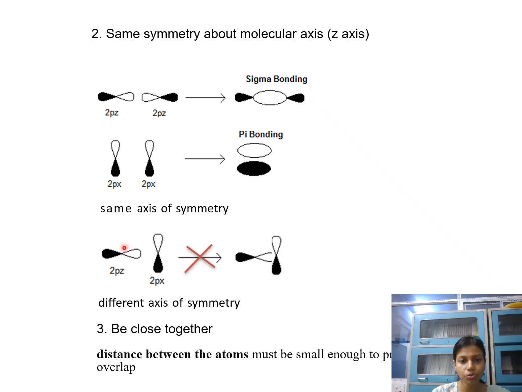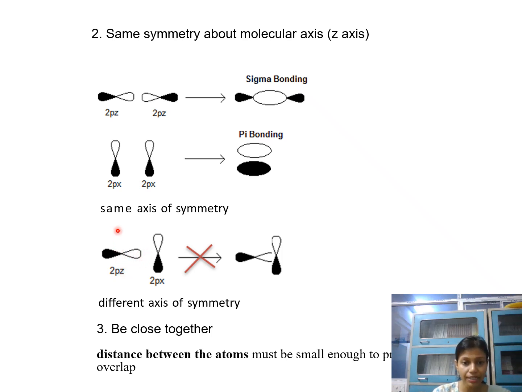Therefore, if you try to overlap one 2pz orbital and another 2px orbital, although they have the same energy level, because this is also 2p and this is also 2p, they cannot overlap. This overlap is not possible because the 2px orbital has no electron density in the z-axis, although 2pz has.